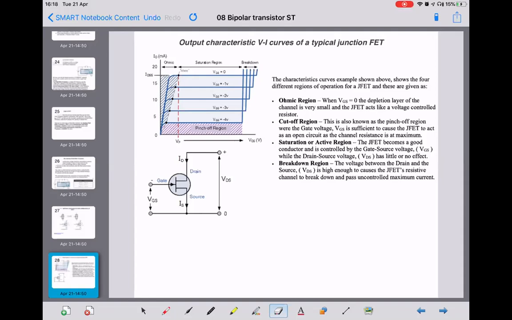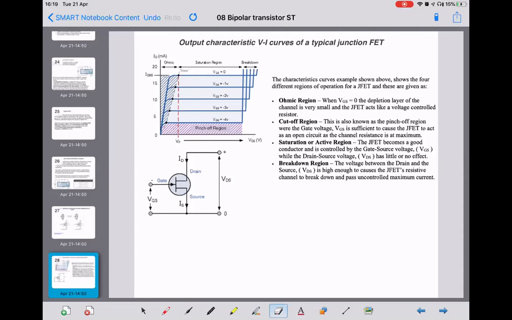And then we've got these two regions again: a pinch-off region at the bottom, and this region on the left, which is saturation. So if we were going to use an FET as a switch, then we'd want to work between the pinch-off and saturation regions. We'd be turning the gate fully off to get full current flow, and then we'd take it to the pinch-off region to stop that current flow.